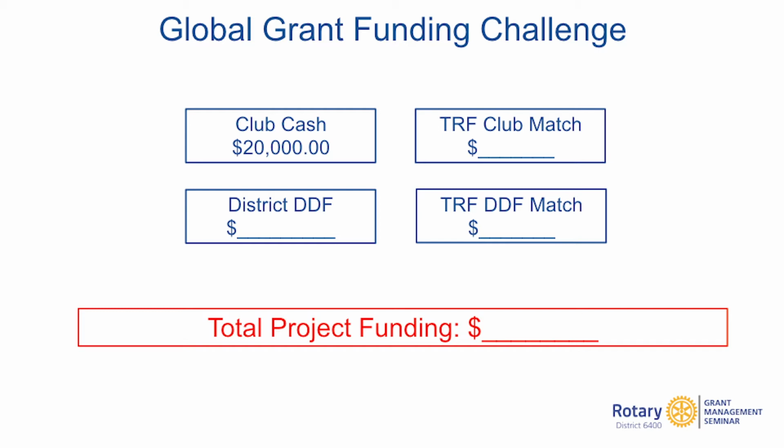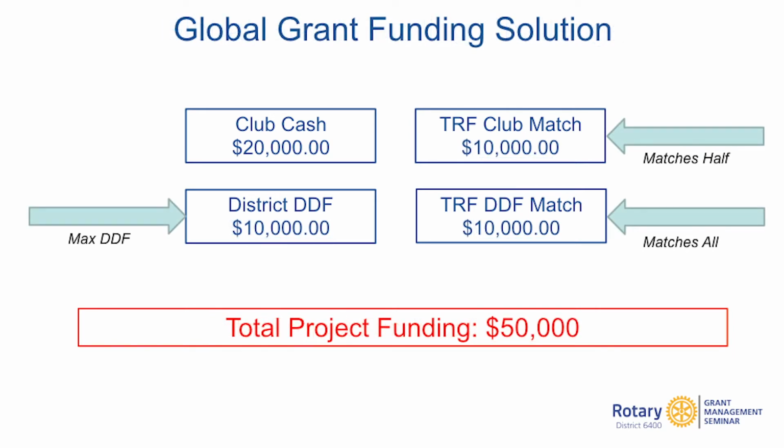Anyone? 10,000 against the 20, okay? And then the Rotary Foundation, how much are they going to contribute matching for the district designated funds? 10. So you're saying 10, 10, and 10. Let's see if you are right. Yes. So your $20,000 could be $50,000.